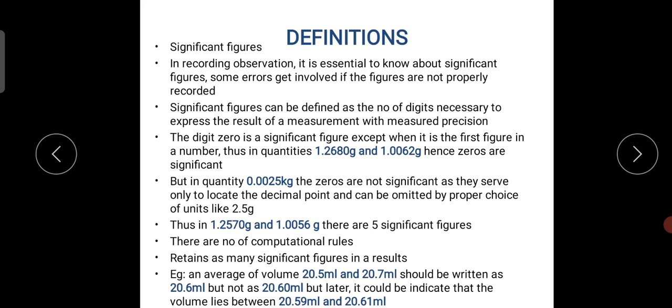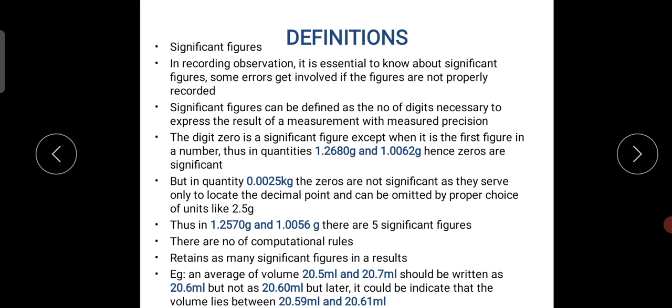One student noted 3.2, another student noted 3.20, and the last one noted 3.200. These measurements are different. We got three different measurements. So which is the most precise measurement? 3.200 is the most precise measurement.